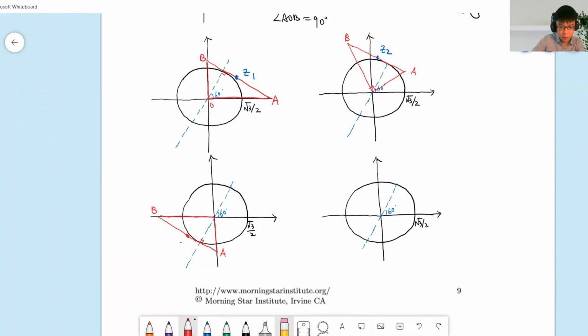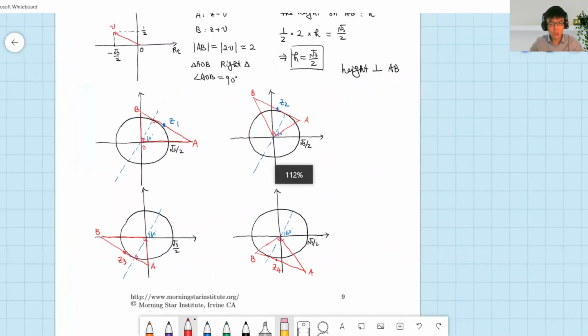So let's call it z3, the midpoint of AB. And finally, I can also shift this here to get the last case. Every time we have right angle at the origin, okay? This is B and this is A. So this midpoint is z4. So in this way, we find 4 possible z's.